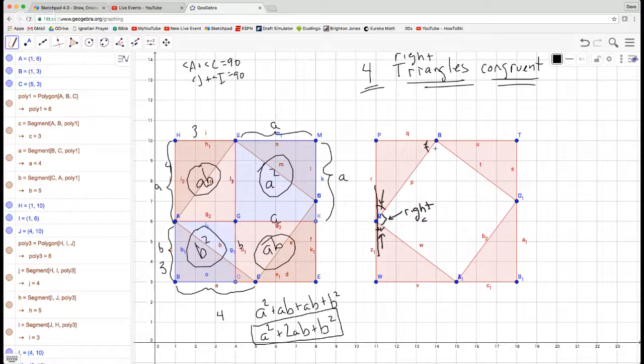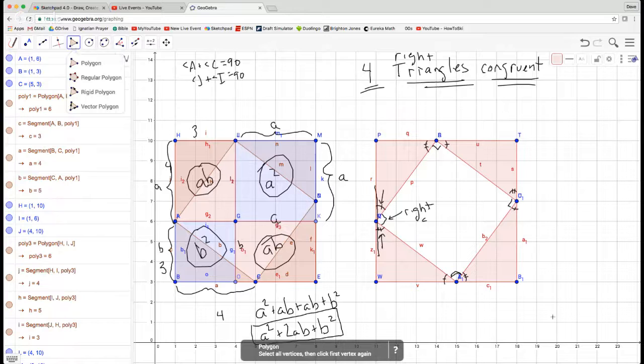And this must be a right angle. And this must be a right angle, and this must be a right angle. And you can figure that out using the same rule that we used before, because all of these angles look like these measures. So if these are all right angles, then this turns out to be a square.